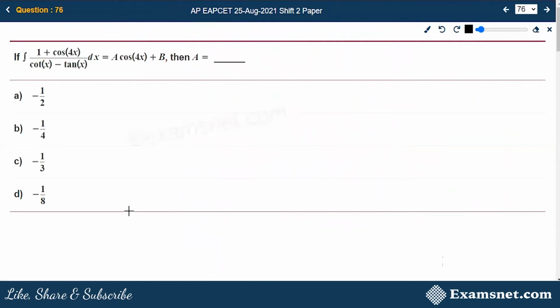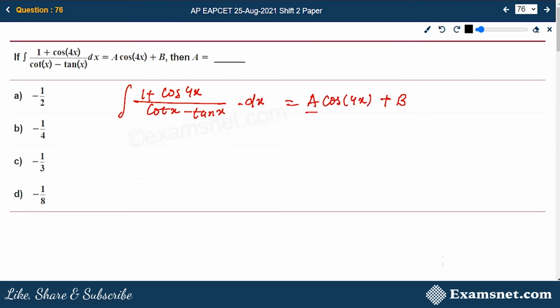Question number 76 is: if the integral of 1 plus cos 4x upon cot x minus tan x dx is equal to a cos 4x plus b, then a is equal to. You have to find what this a is equal to.